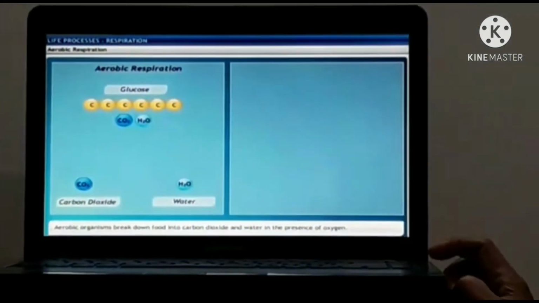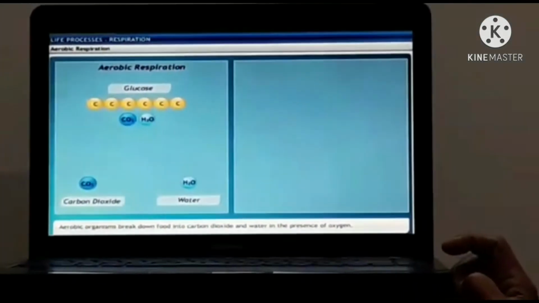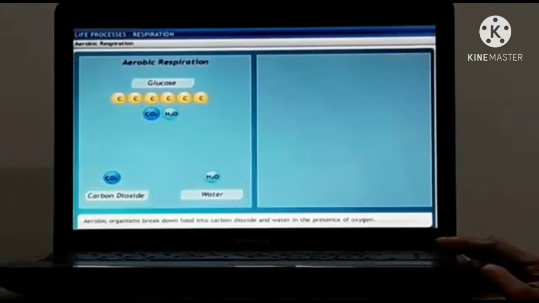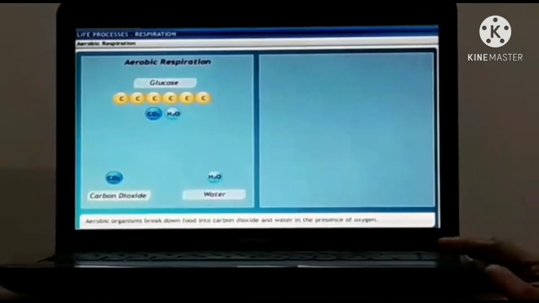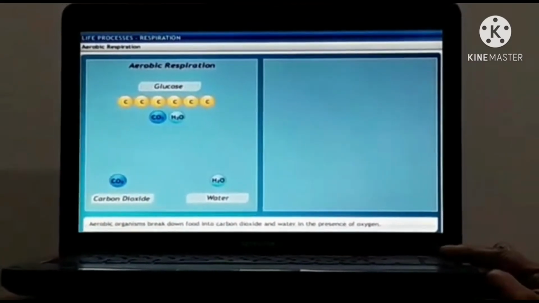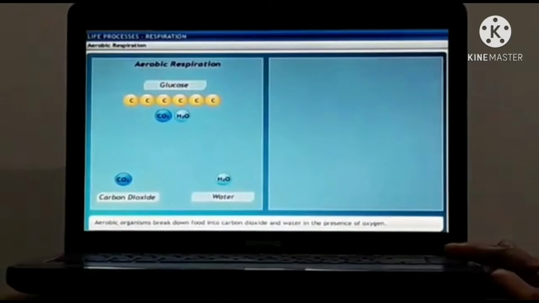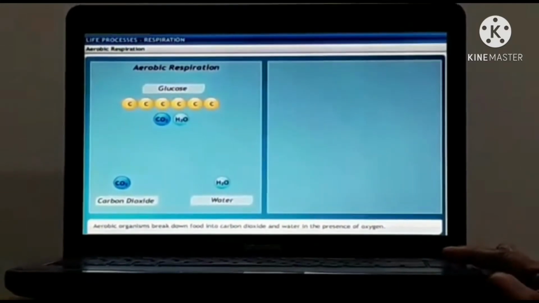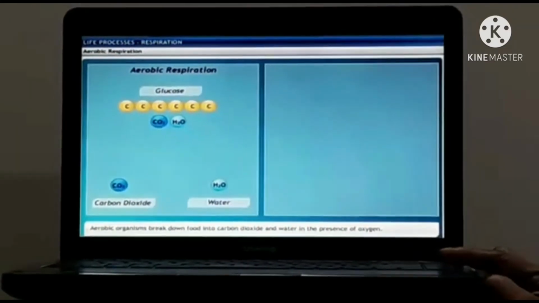Now see aerobic respiration. Food in the form of glucose is broken down into carbon dioxide and water in presence of oxygen. Since it happens in presence of oxygen, it is called aerobic respiration.